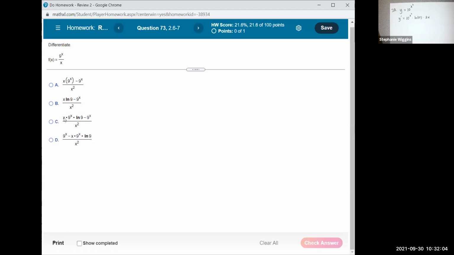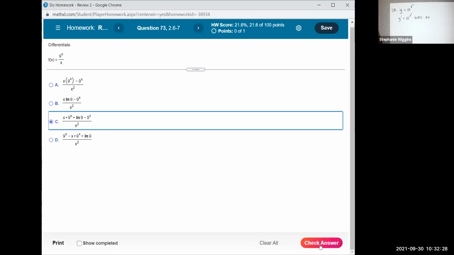So here you have x times 9 to the x times the natural log of 9. And now you take the top function, 9 to the x, times the derivative of the bottom, and you subtract that. The derivative of the bottom is 1. So this is obviously the correct answer.